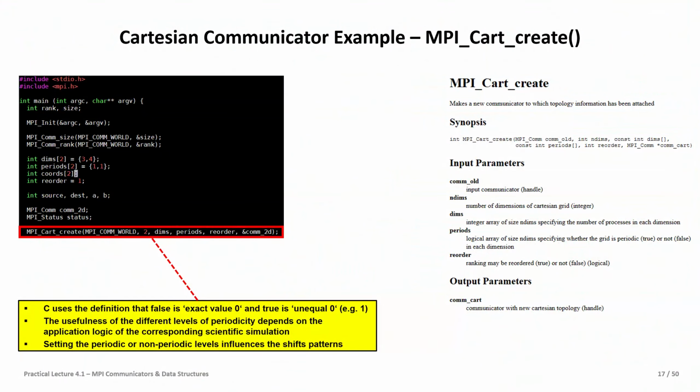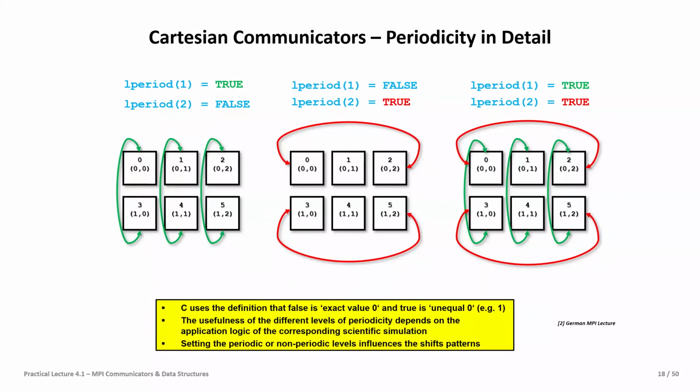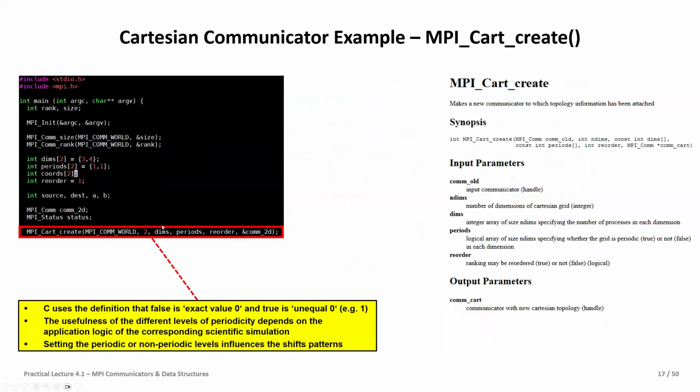More information, maybe a little bit about the periodicity, where you can also have this as a part of the Cartesian create. So we said periodic, okay, and then reorder, and the periodics is a configuration parameter that we can set.